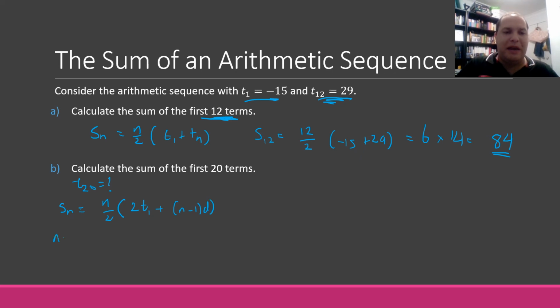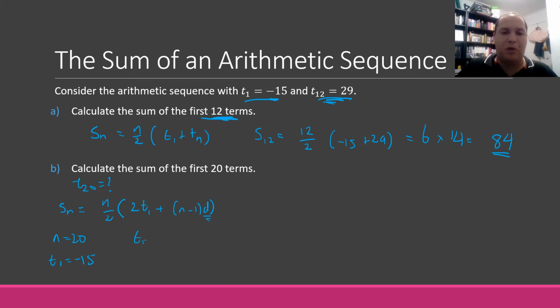So we know that n is going to be 20. We know our first term is negative 15. We just need to work out our d value. So our d value, we can work out from the information we've already been given.